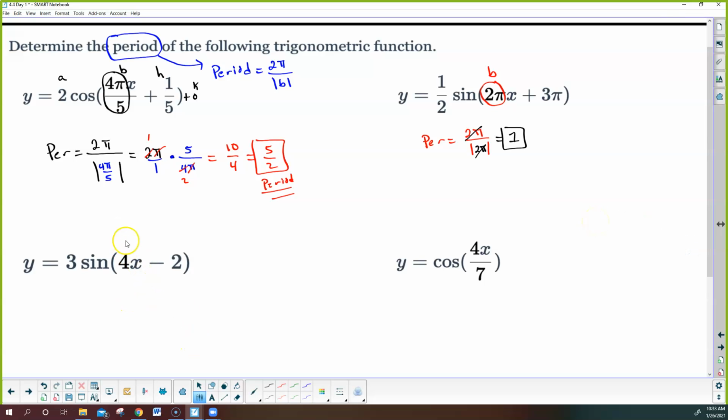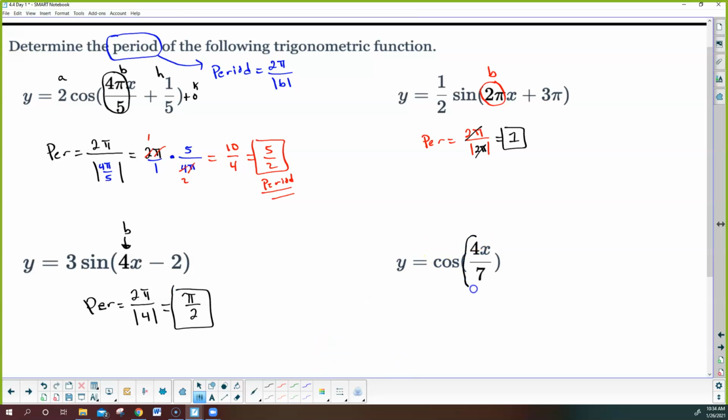Okay, and then what about this one? Just quick. Don't write these. I'll do them very quick. So period is equal to 2 pi over, here's my b is 4, and we get 2 over 4 is 1/2, or we could write that as pi over 2.